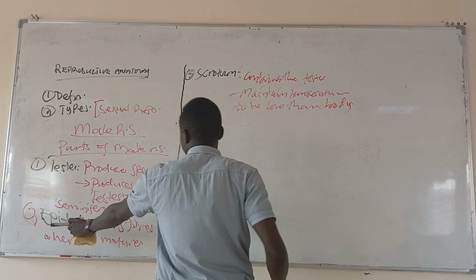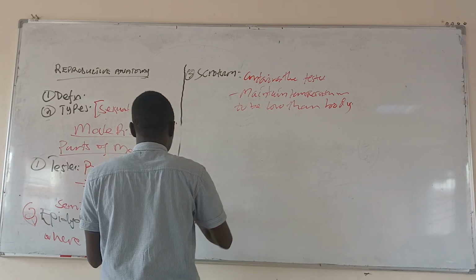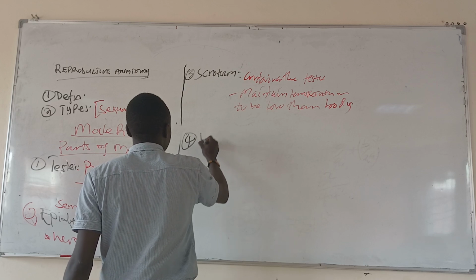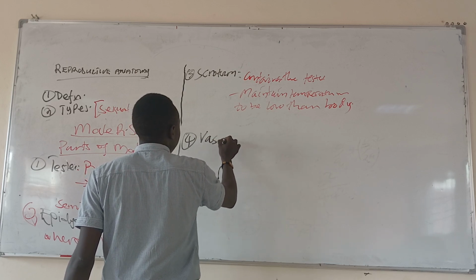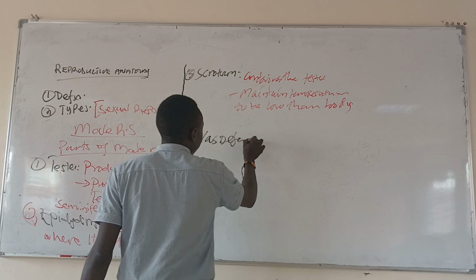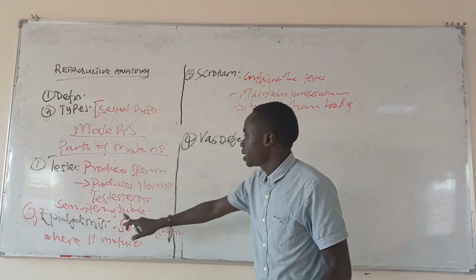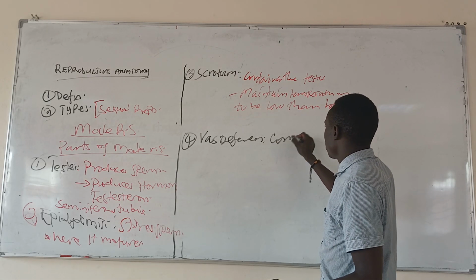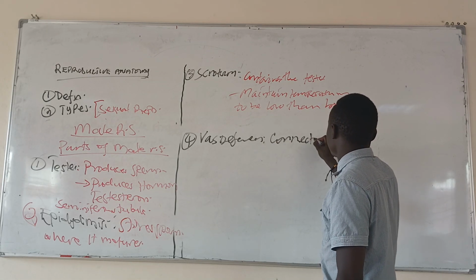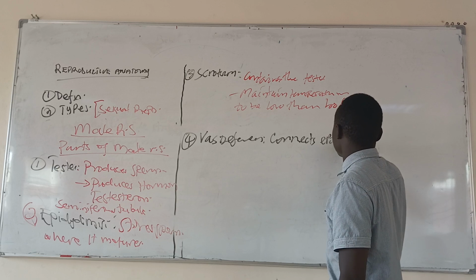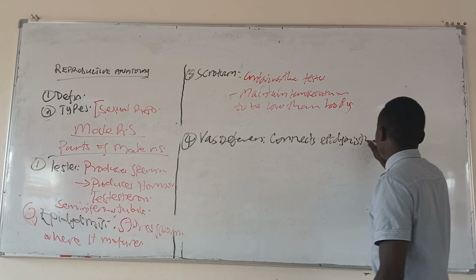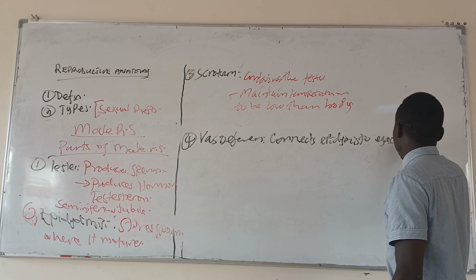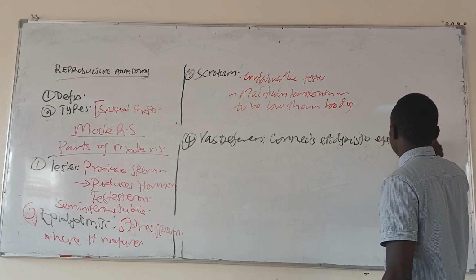Next to the epididymis is the vasa deferens. This vasa deferens connects the epididymis to the ejaculatory duct.